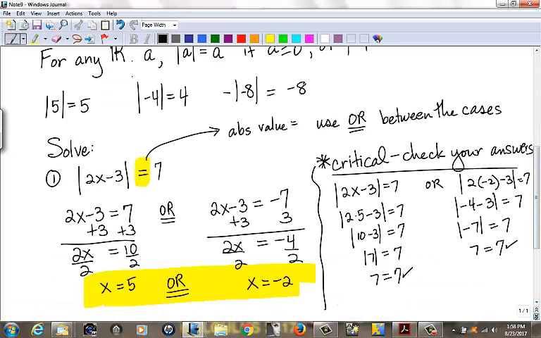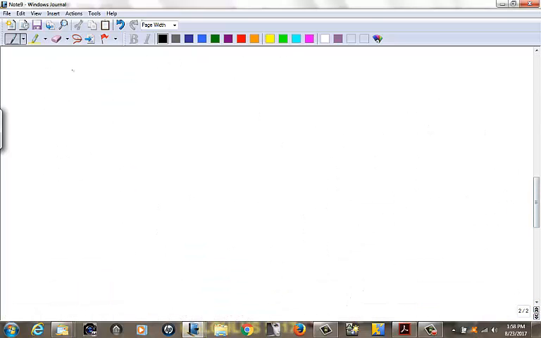Let's try another one. The absolute value of 6 minus 4y, close the absolute value, plus 5 equals 0. To work that, you've got to get that absolute value by itself. So subtract 5, take the 5 over.